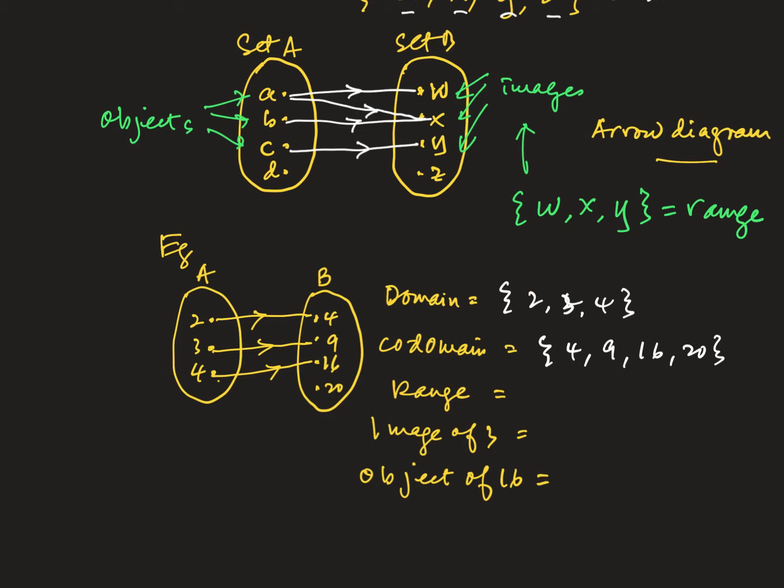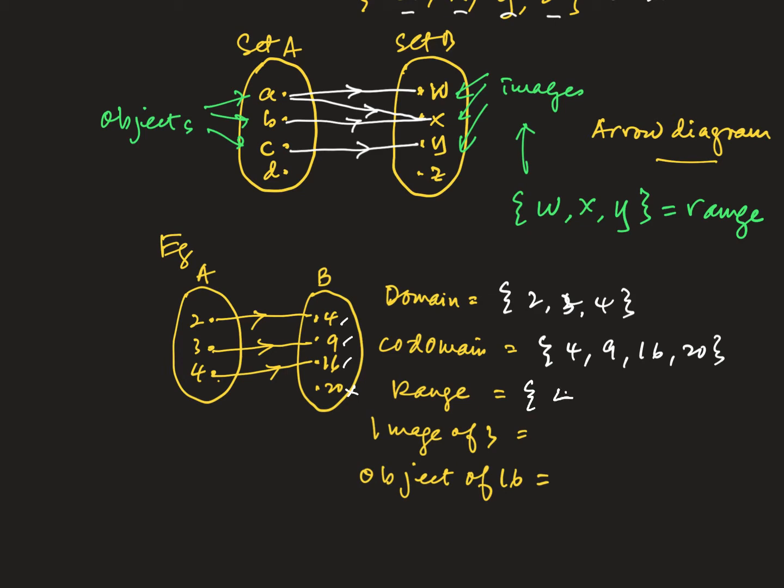Whereas the range is all the elements in set B that are involved in the relation. So we only have 4, 9, 16. 20 is not involved in the relation, so it is not in the range.